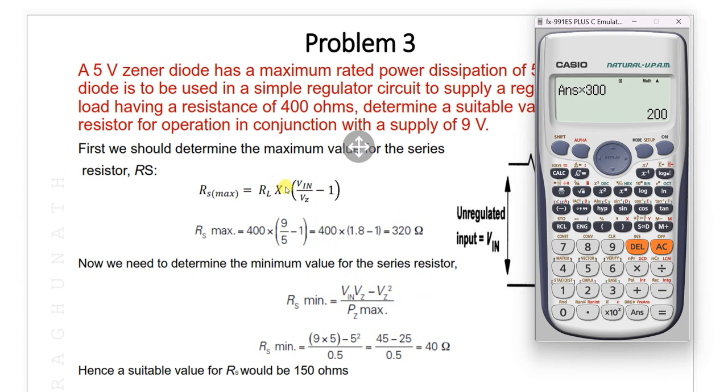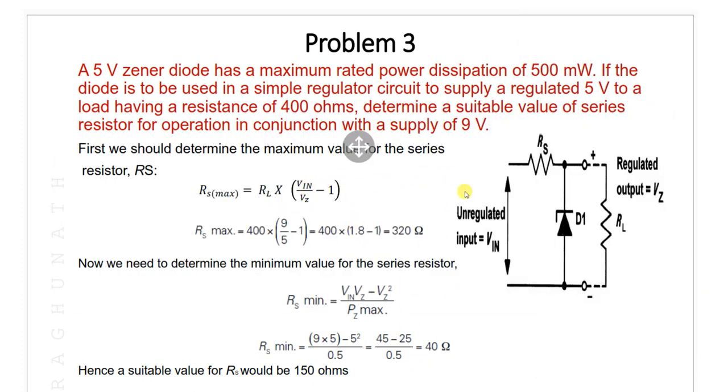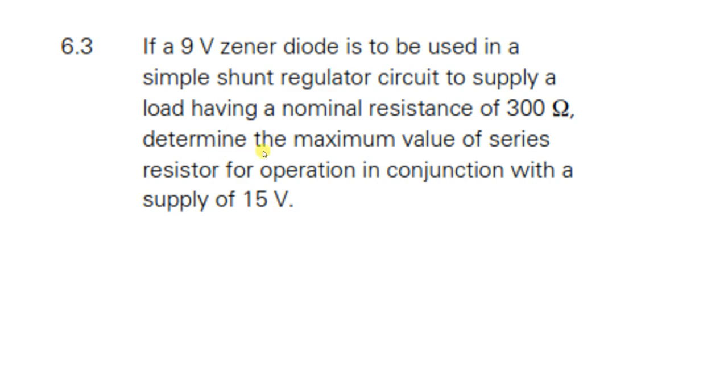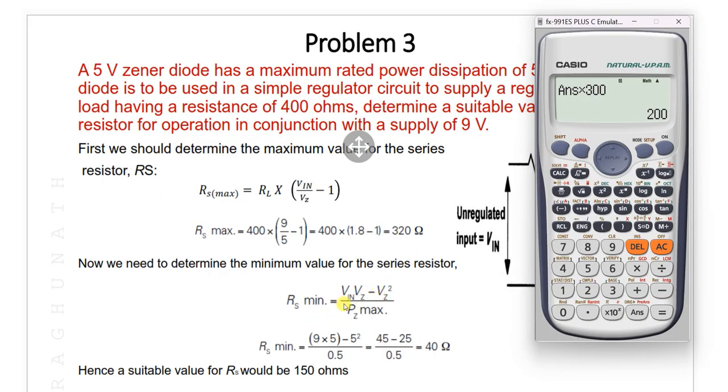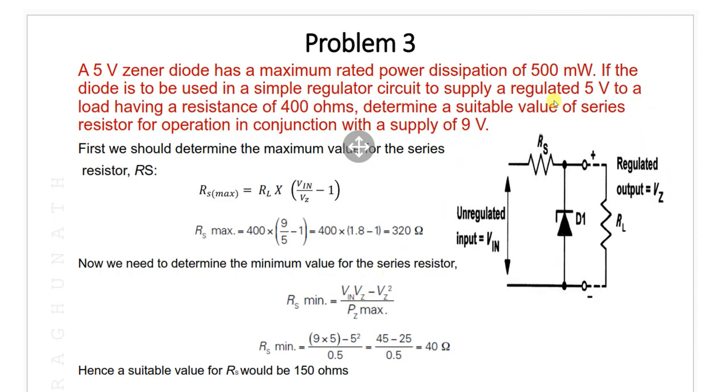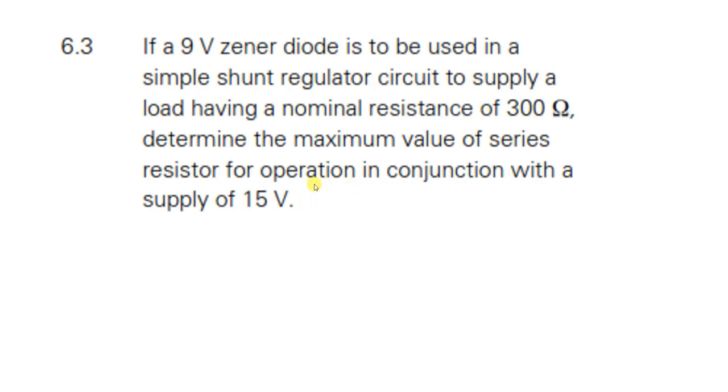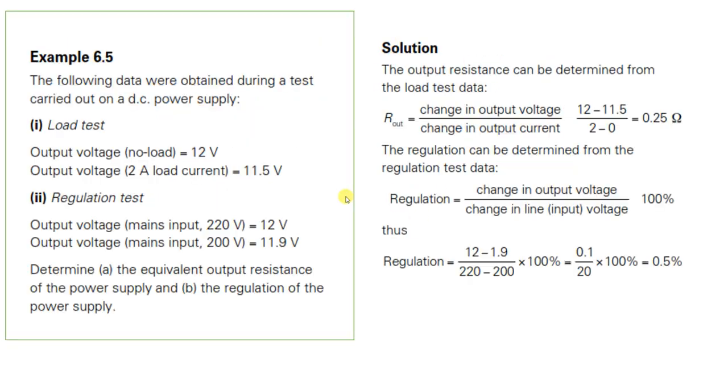You only have to find out RS max because the question says determine the maximum value of series resistor. If you want, you can also calculate RS min using this formula by substituting 15, 9, minus 9 squared. But PZ max is not given, which is why I think they did not ask for the minimum value. For this, only the maximum resistance is the answer.